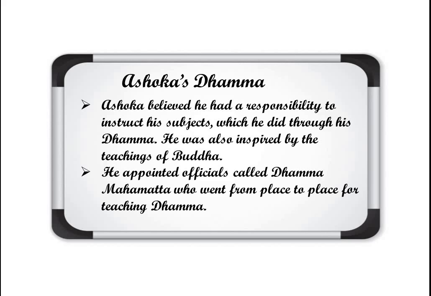So these were the officials whom he appointed for sending the messages of Dhamma, for the teachings of Dhamma. So these officials were known as Dhamma Mahamata. So who were Dhamma Mahamata? Dhamma Mahamatas were the appointed officials by Ashoka, who went from place to place for teaching Dhamma.